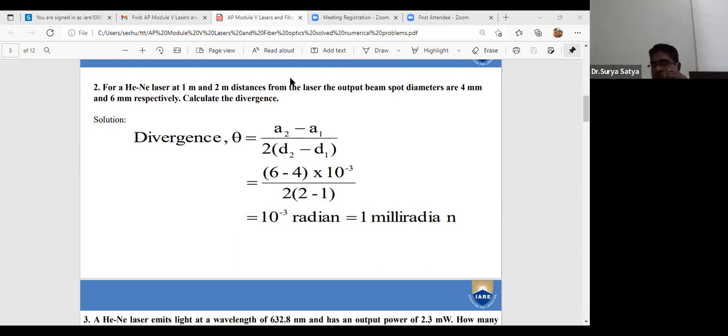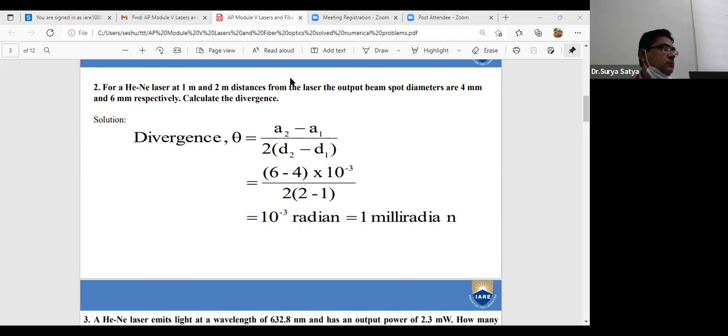If only a single path is available for the light to propagate, it is a single mode fiber. And if more than one path is available for the light to propagate, then we call it a multi-mode fiber.